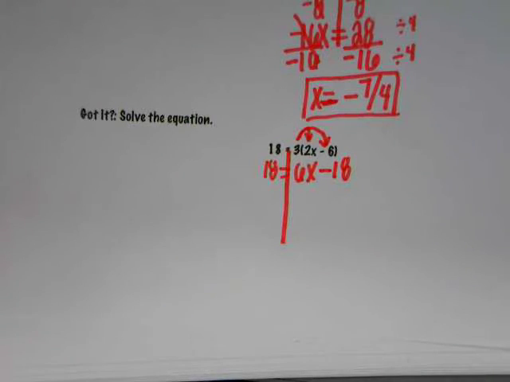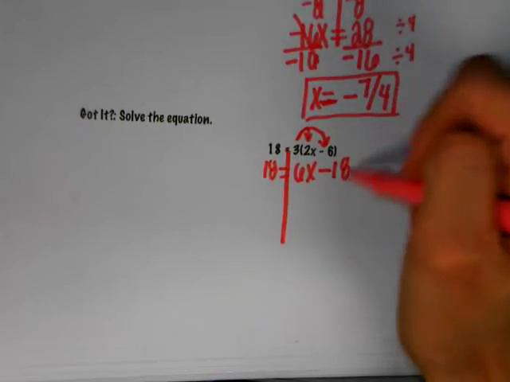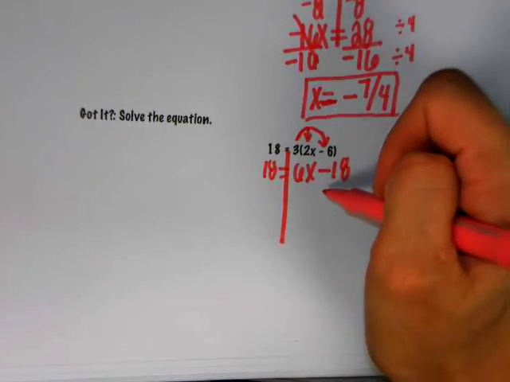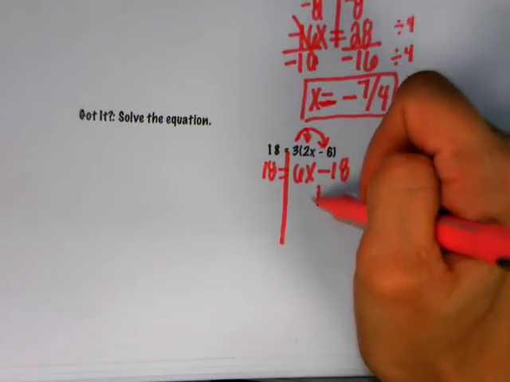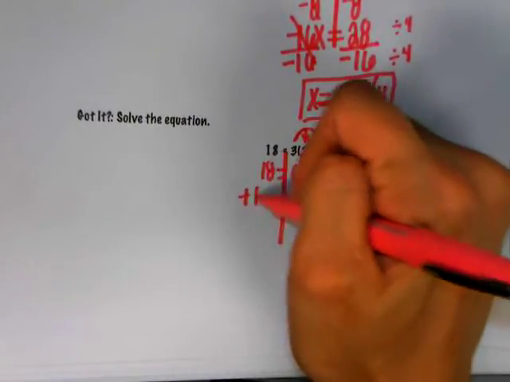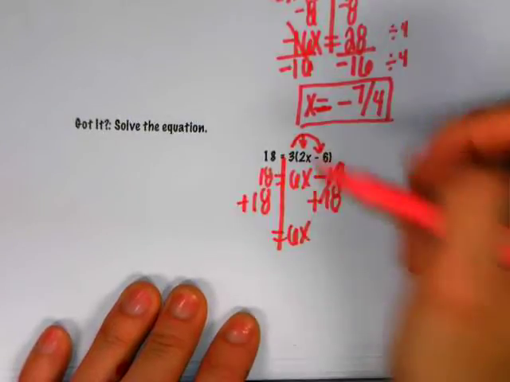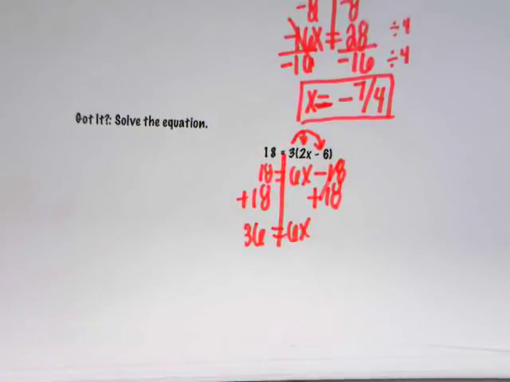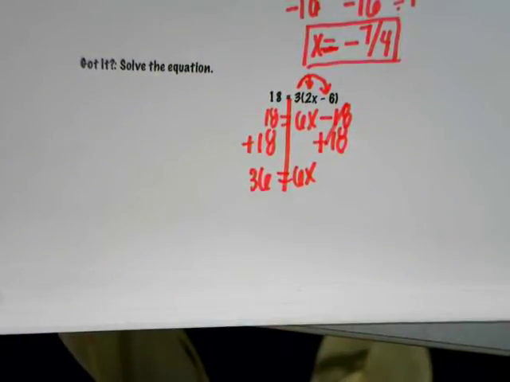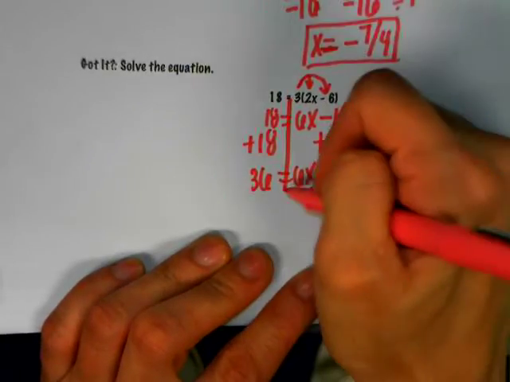Okay, so now, how do I get rid of a minus 18? Plus 18. Yep, plus 18. That gives me 36. Okay, and how do I get that to be a 1x?